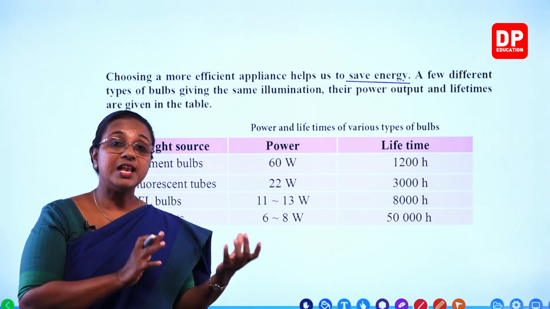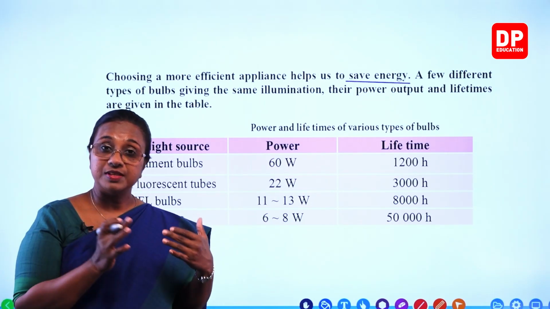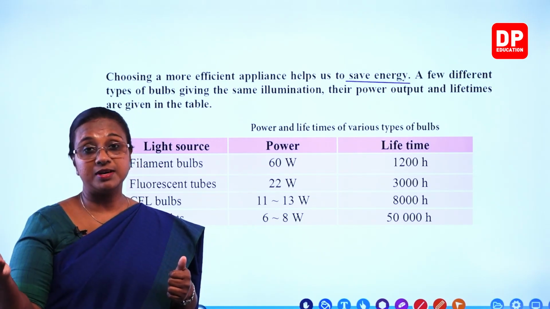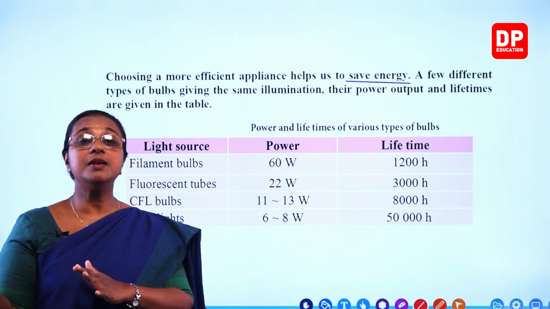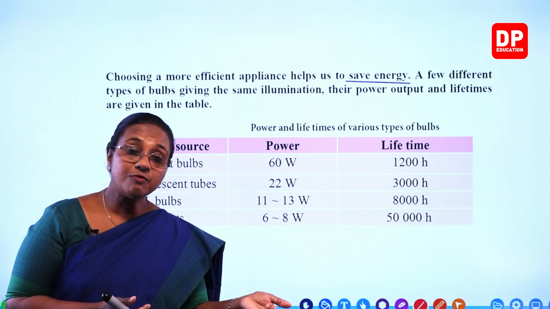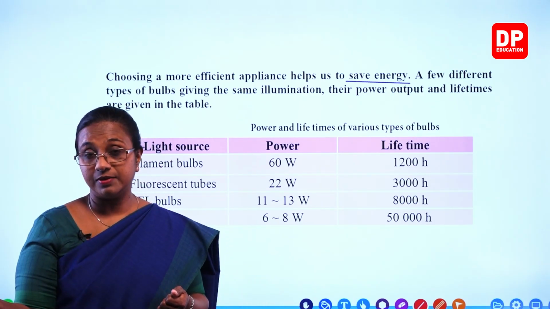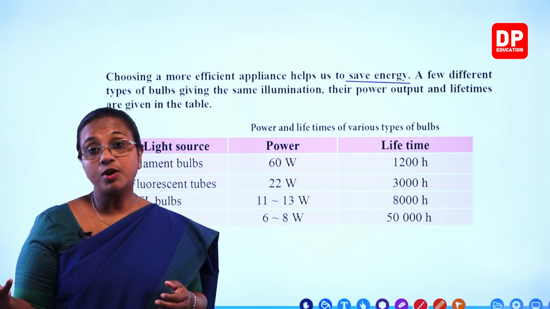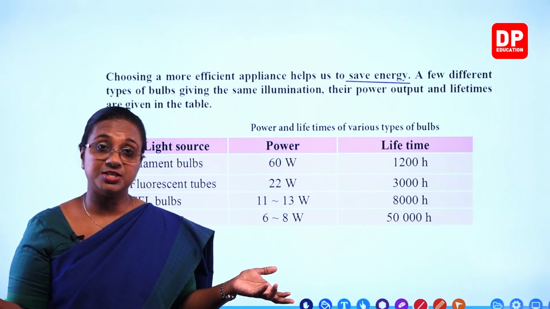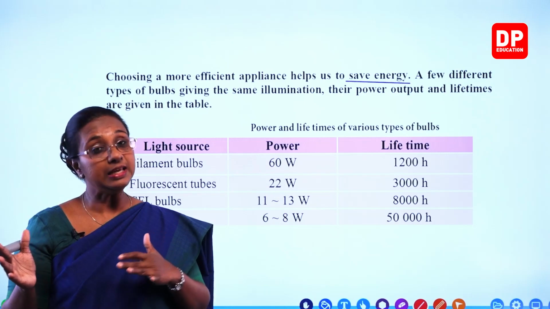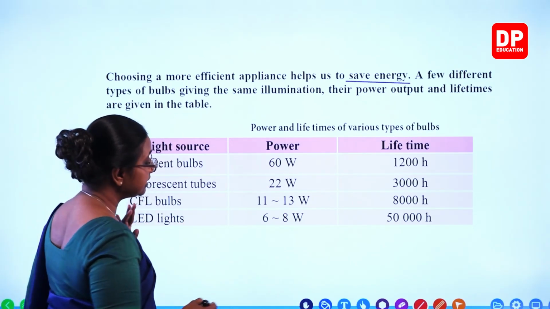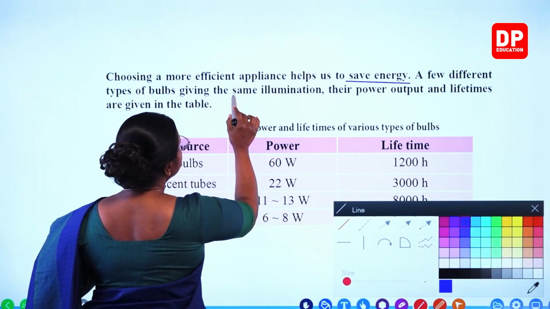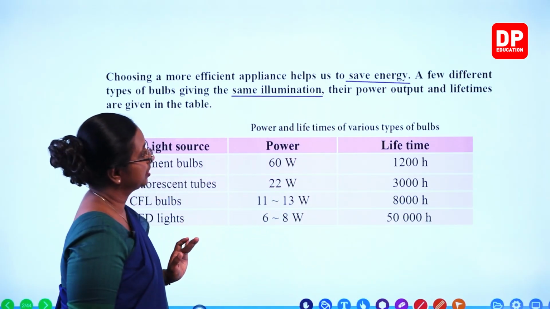Now if you select different bulbs of the same type with different power, let's say if we take a filament bulb with different power, say 10 watt power and 60 watt power. Now obviously the 60 watt bulb would give more illumination. There you can't really compare. But here what we are doing is we are considering bulbs that give the same illumination.